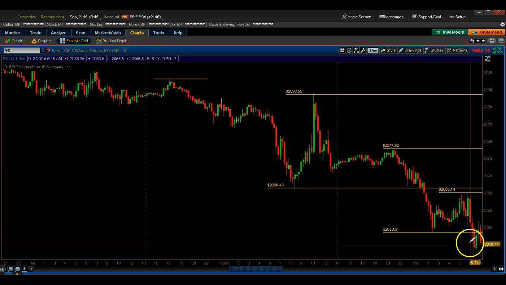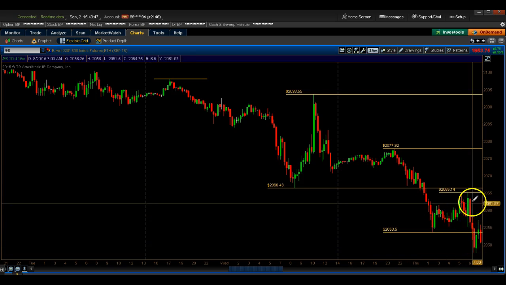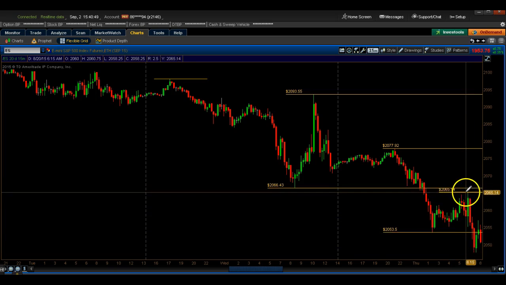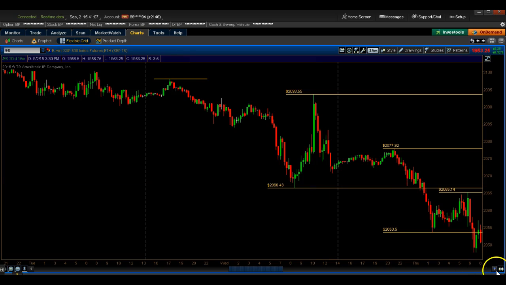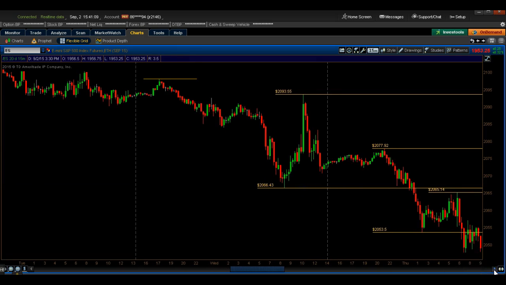So as price falls, it wants to come back and retest where the previous low or high was, and it's called back and fill. And what it's going to do mainly is go back, retest that level to make sure there are sellers, and then it'll continue its momentum back to the downside if it's in a downtrend.